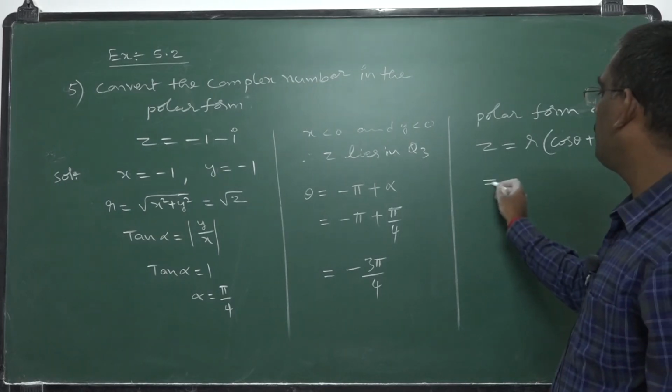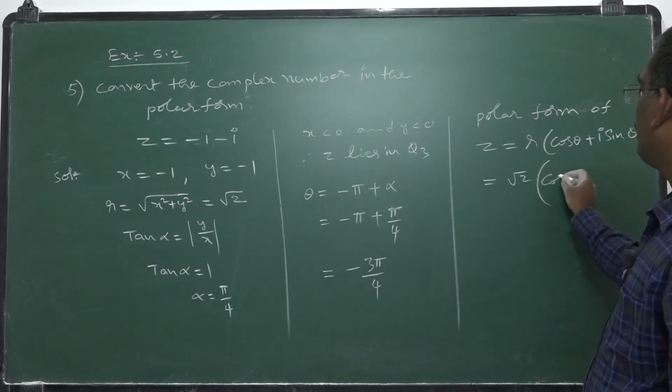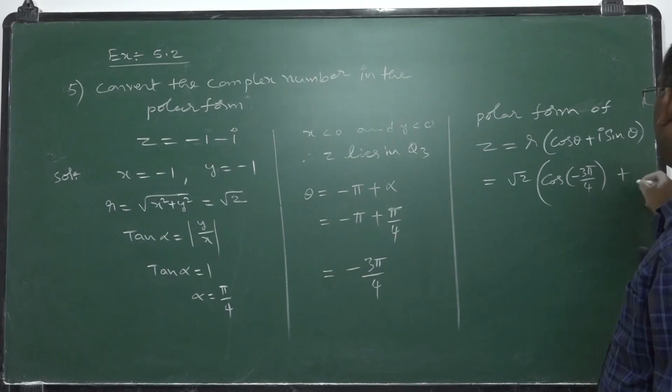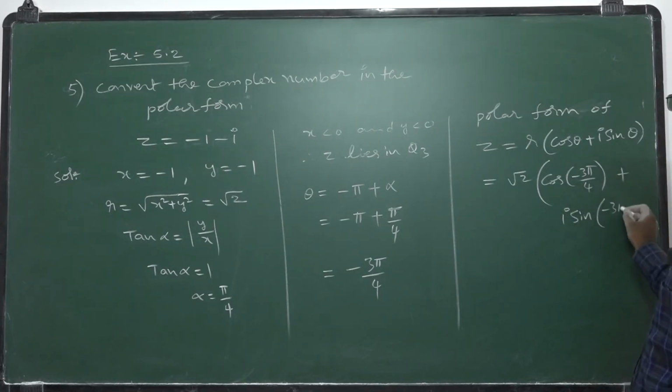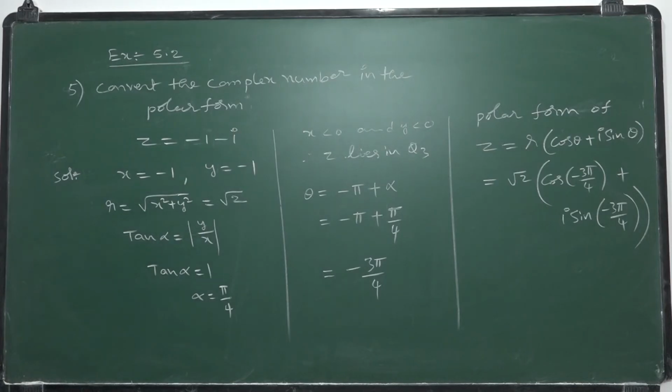So this is equal to root 2 of cos of minus 3 pi by 4 plus i sin minus 3 pi by 4. Next, sixth problem.